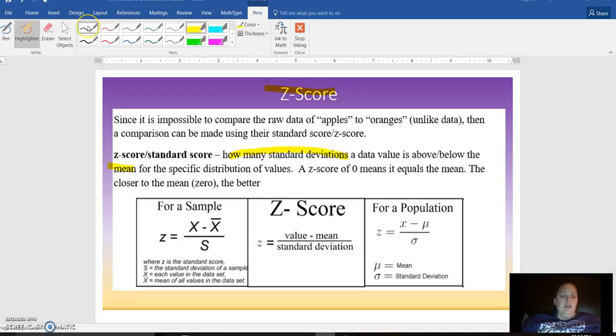Okay. And so the purpose of the z-score is to take data, and they might be totally different data. One might be a test score from one test, one might be test scores from another test.